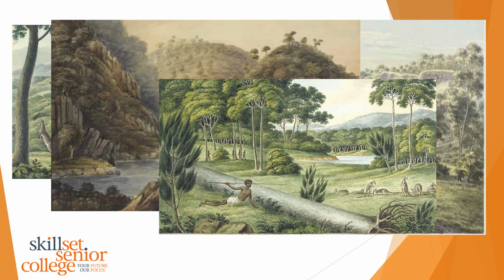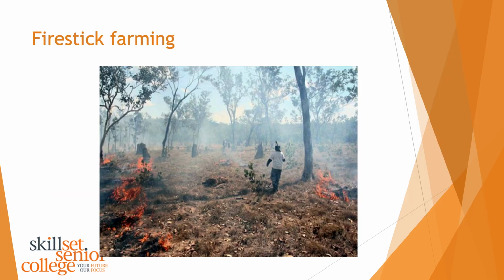So how did they make these clearances? They didn't have lawnmowers to cut the grass, so how did they make such fantastic looking habitats and ecosystems? Well, they used a process called firestick farming. Essentially what they would do is take a firestick and burn off all the undergrowth, the vegetation around these massive trees.